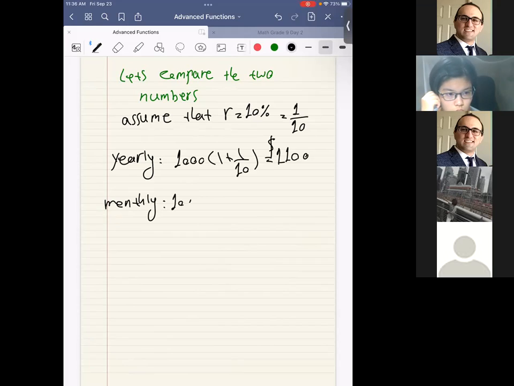You get 1000 times 1 plus 1 over, you have to multiply it by 12, to the power 12. Use your calculator, compute this: 1 plus 1 over 120 to the power 12, and then multiply it with 1000.